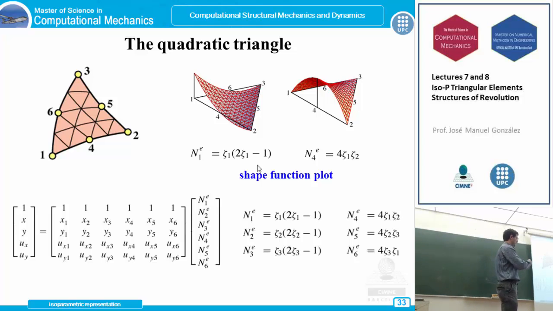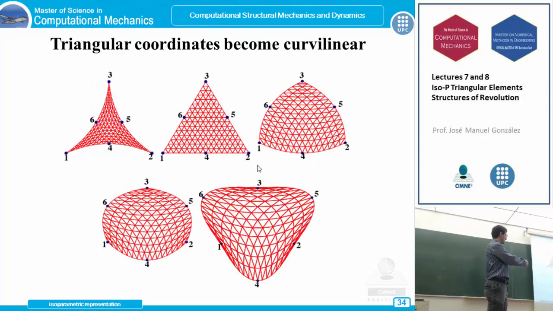So using the same idea, this isoparametric representation, we get the shape functions expressed in these natural coordinates. So we are able to represent geometry and displacement, and in fact this geometry can be represented when the triangle gets to this curvilinear shape in the 3 sides.